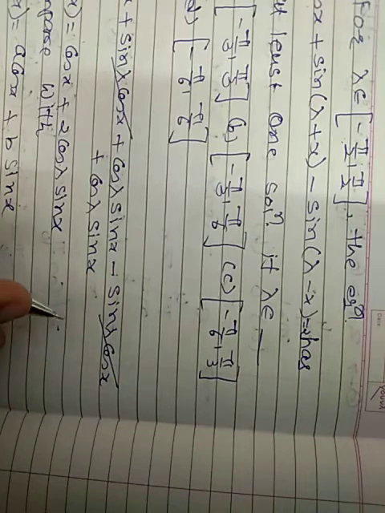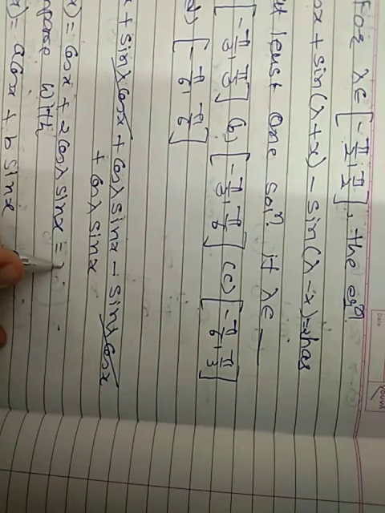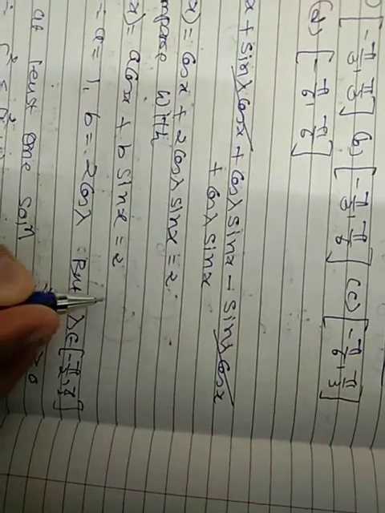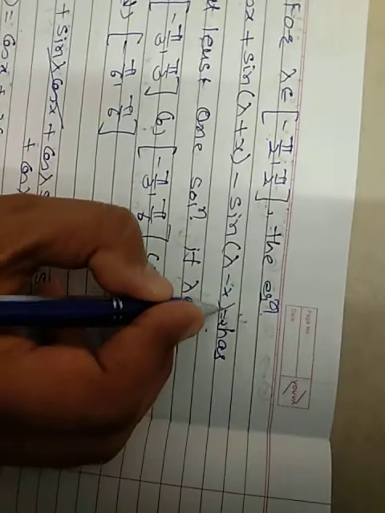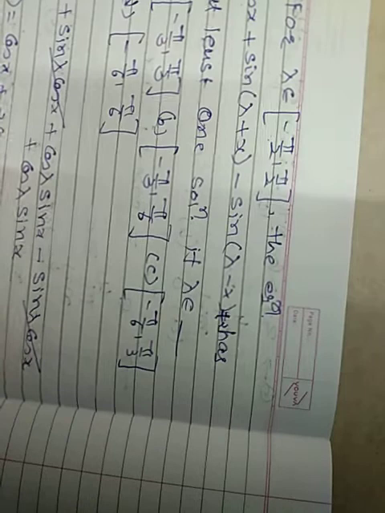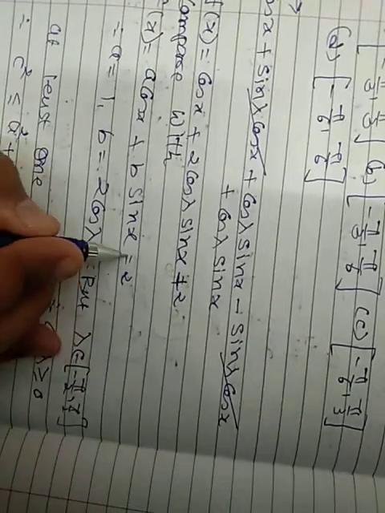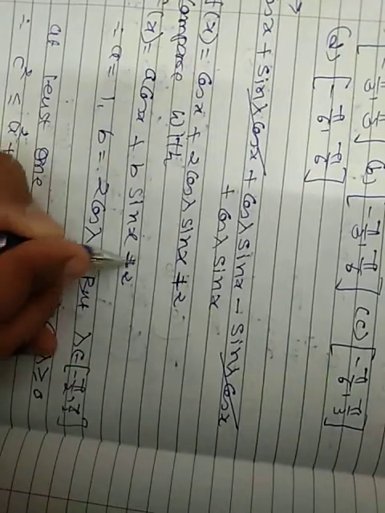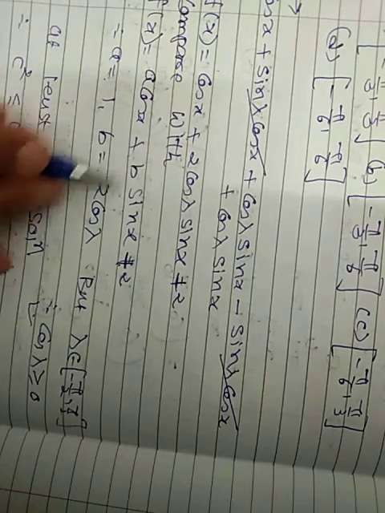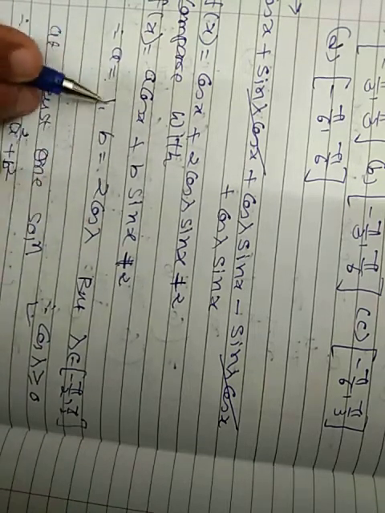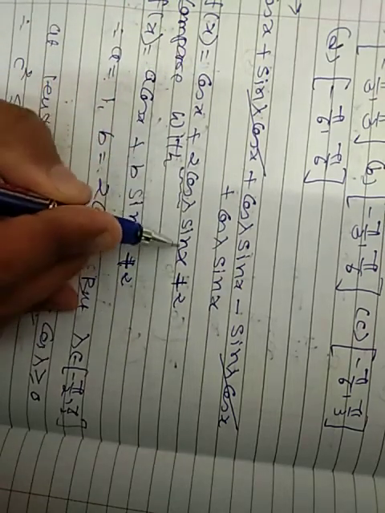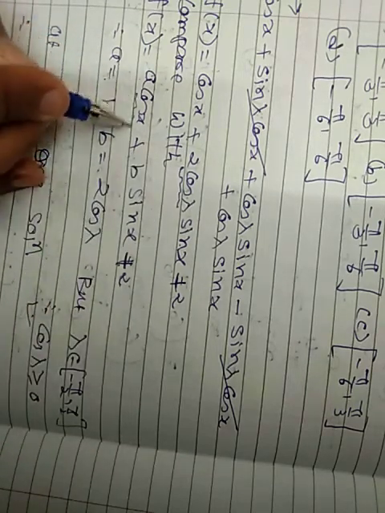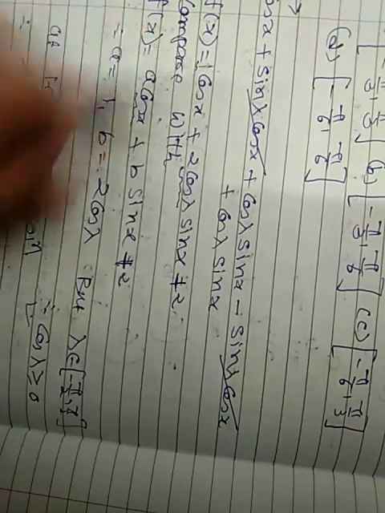So f(x) plus 2 is given, that's why this is again plus 2. a equal to 1, b equal to 2 cos lambda. b means coefficient of sin x, a means coefficient of cos x, and c is equal to 2.